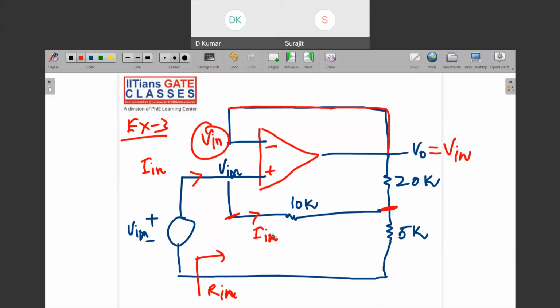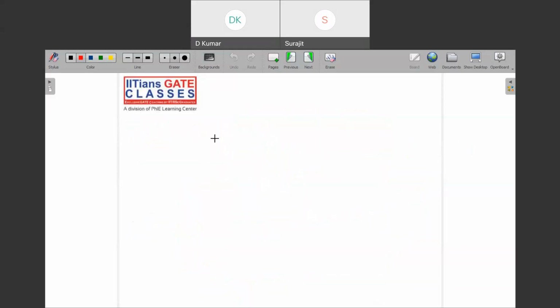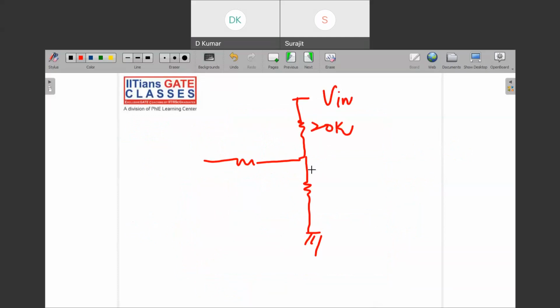Now, can we take this resistive part separately? So let me take the resistive part separately. Here two resistances are there, and you can see this is a ground terminal, and this is V in. This is 20K, this is 5K, and this is 10K.